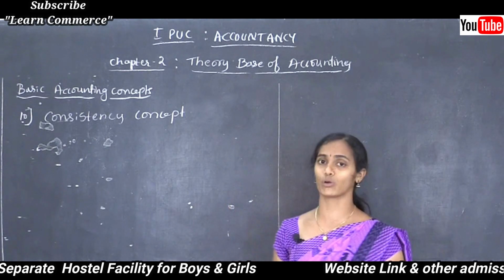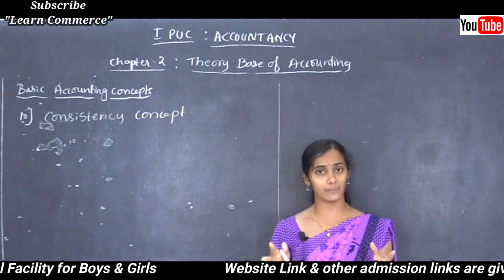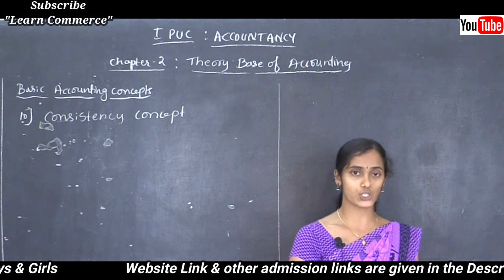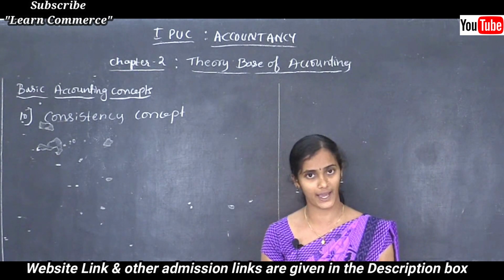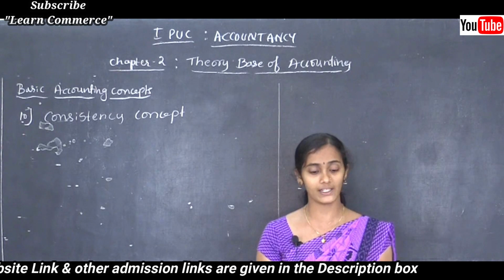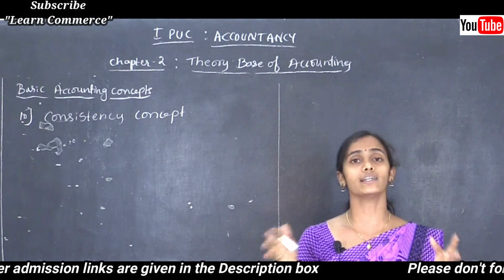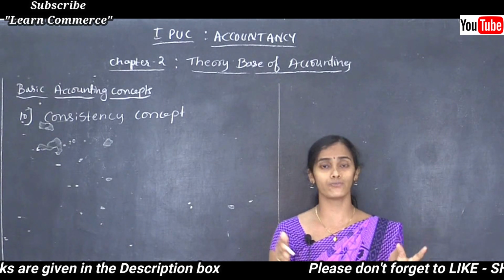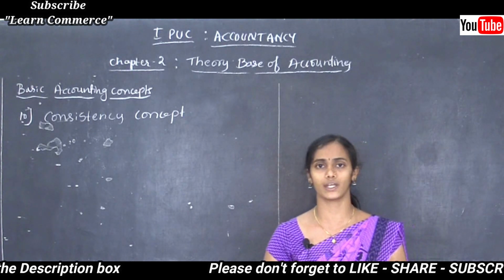So here also, this consistency concept assumes comparability. If the financial information provided by the organization can be comparable, then only can we maintain uniformity. And in order to maintain comparability, we need to follow consistent accounting policies.